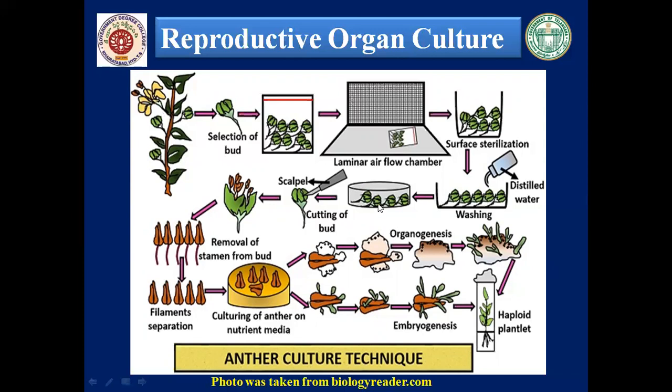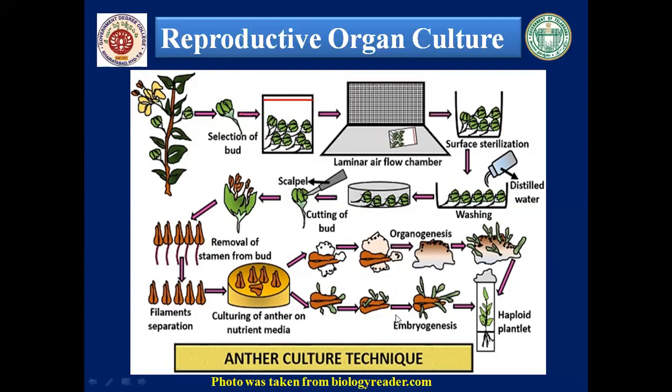Then after that, we have to cut open the flower bud and remove the anthers or the stamens from the flower bud, discard the filament portion, and take only the anthers. These anthers are now transferred onto the nutrient medium. It may be MS medium, Murashige and Skoog medium, or a White medium, or Nitsch medium, any basal medium or any nutrient medium.